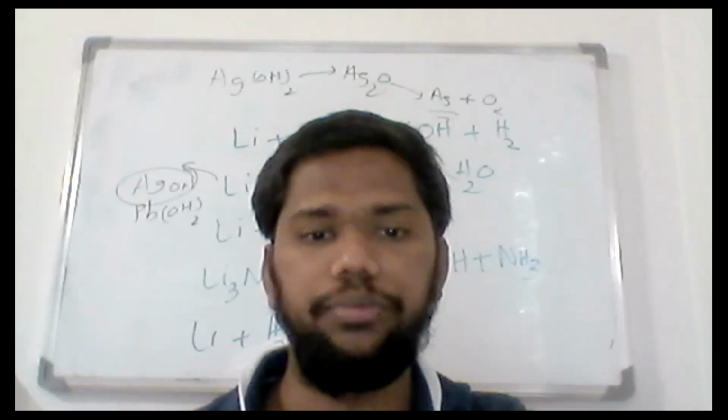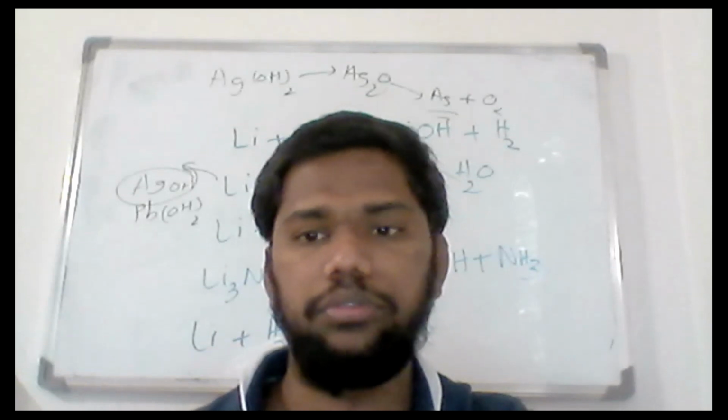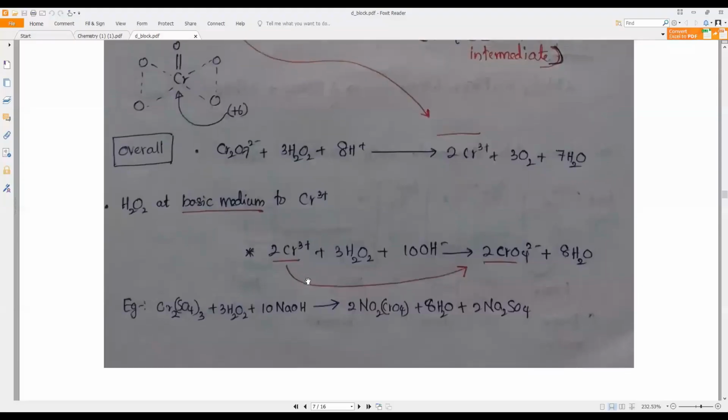I will again show you. See, chromium 3+ in the presence of excess OH- and H2O2 forms the chromate. Okay, so this is an important reaction. That is why I have put the star mark, right? This is very important to know.